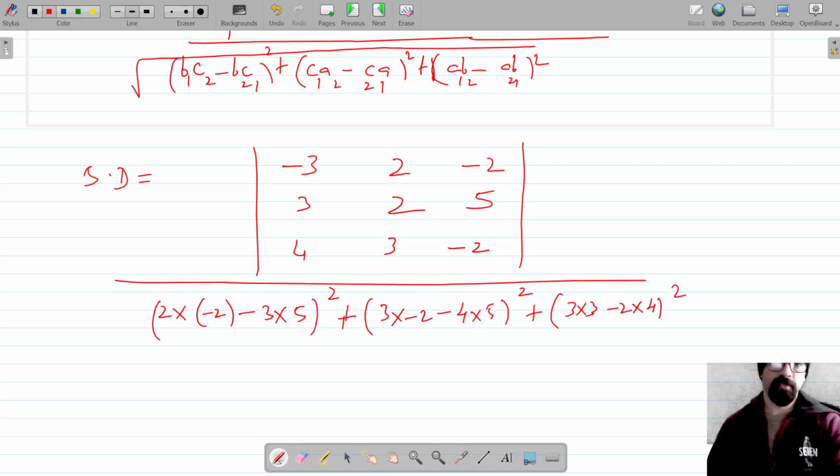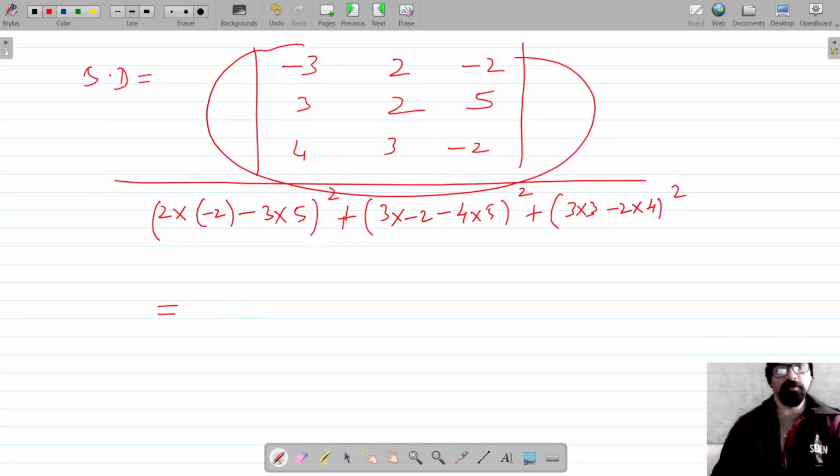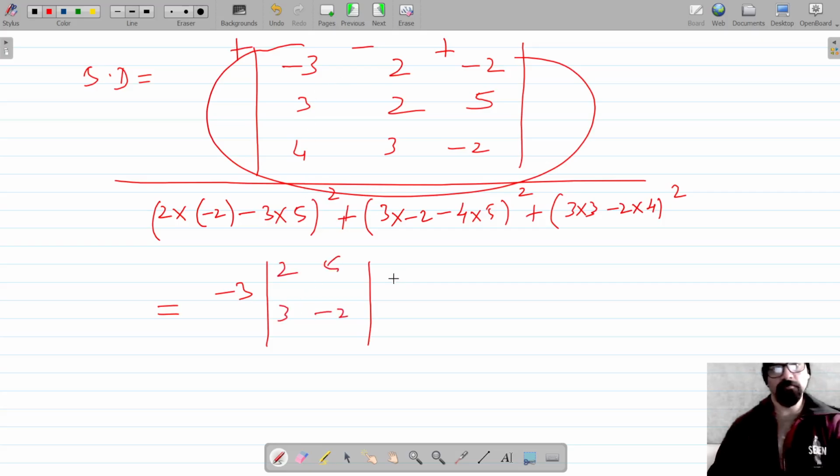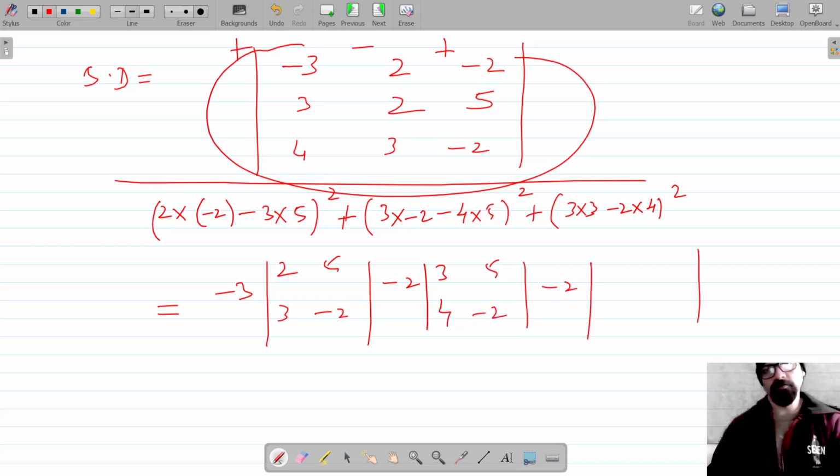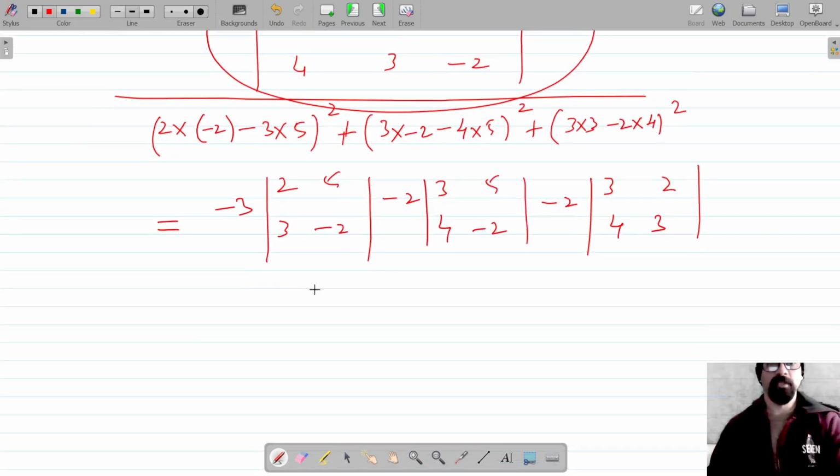Let's find out the determinant of this one. Let's evaluate it along the first row, with signs positive, negative, and positive. So -3 times the determinant 2, 5, 3, -2, then minus 2 times the determinant 3, 5, 4, -2, then -2 times the determinant 3, 2, 4, 3.